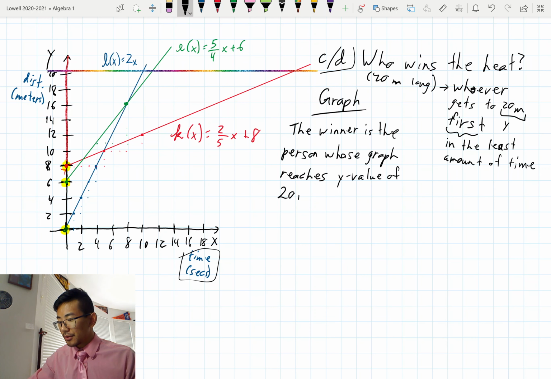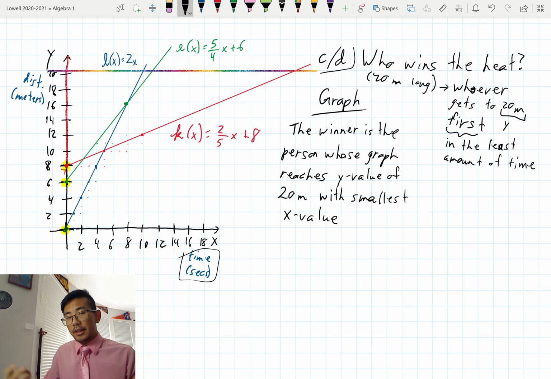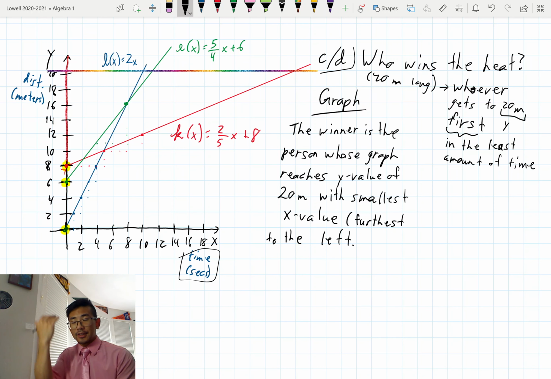Or with the smallest x value, just meaning farthest to the left. And that visually is pretty clear to see, because we can take a look here at where everyone finishes.